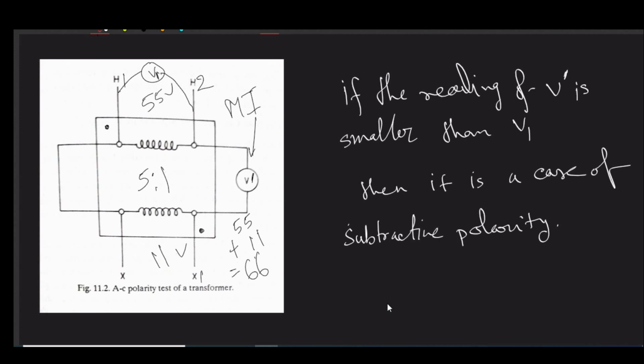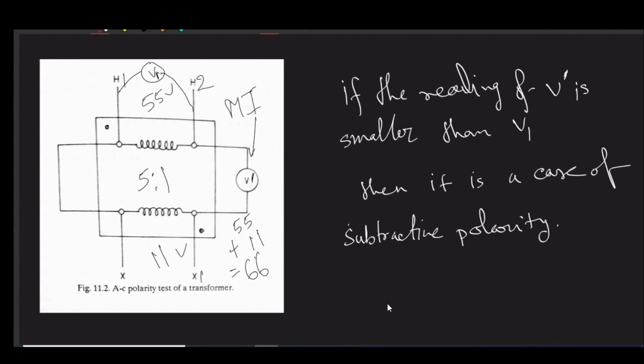You do not have to check whether it is giving you the exact value, or whether the two voltages are getting added or not. The only thing we need to check is we have to connect two voltmeters, one across the high voltage side, and one between the high voltage and low voltage side as shown in the diagram, V1 and V dash.